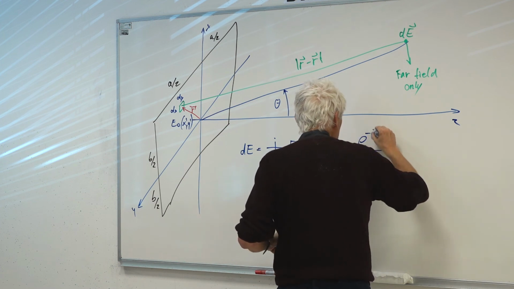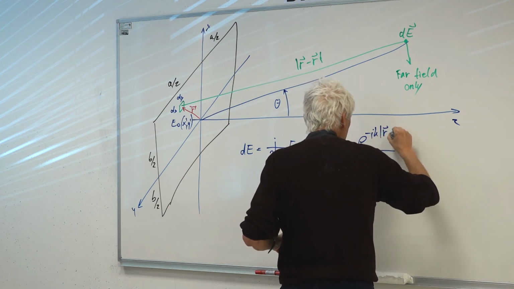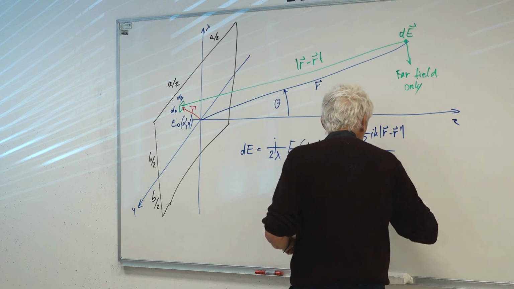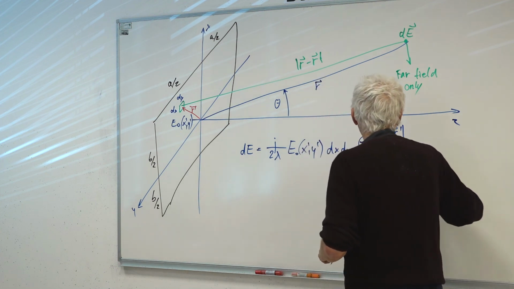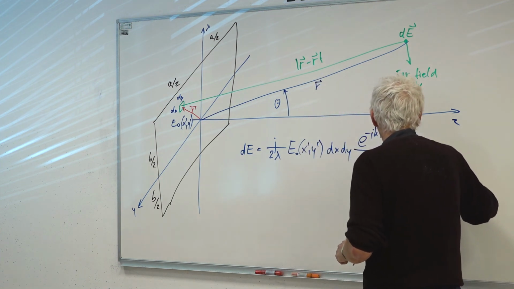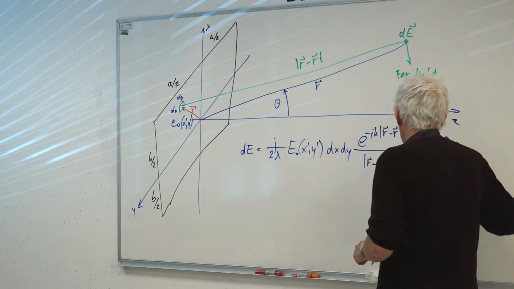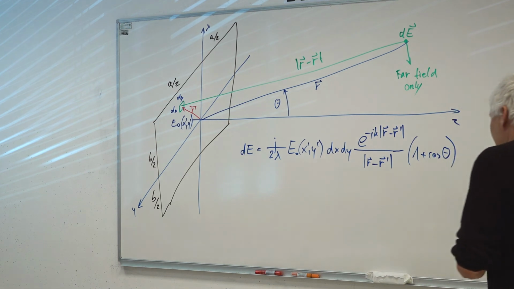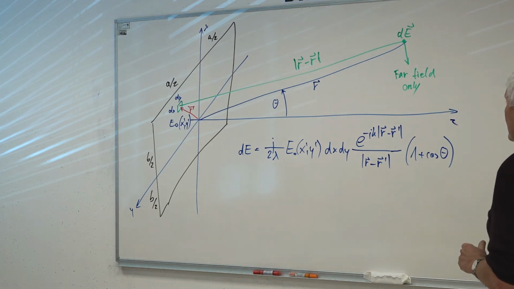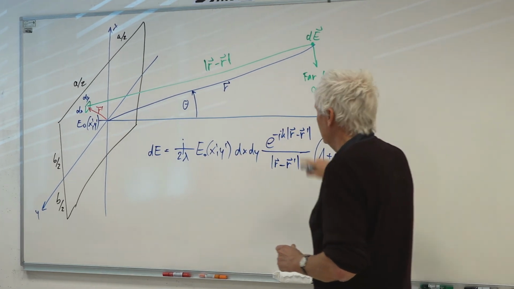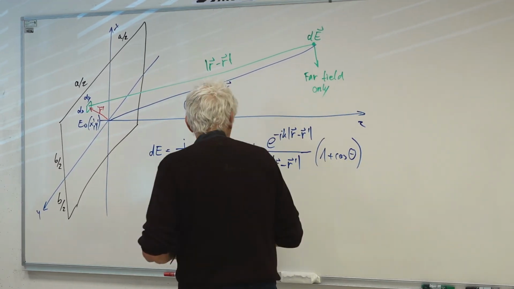Exponent of minus jk times r minus r prime, divided by r minus r prime. And here I have 1 plus cosine theta, the radiation pattern. If I were accurate, I should really talk here about theta prime, because theta also changes a little bit.